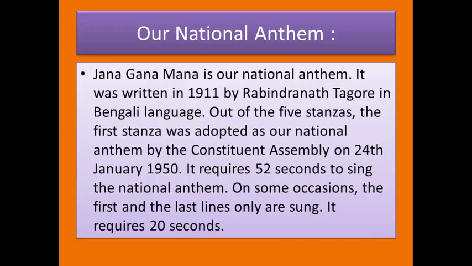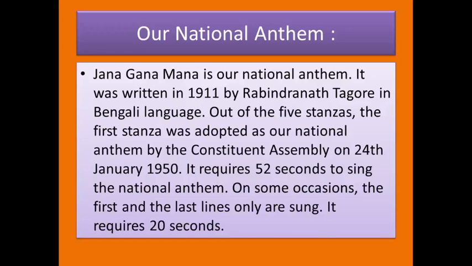Out of 5 stanzas, the first stanza was adopted as our national anthem by the Constituent Assembly on 24th January 1950. It requires 52 seconds to sing the national anthem. On some occasions, only the first and the last lines are sung.